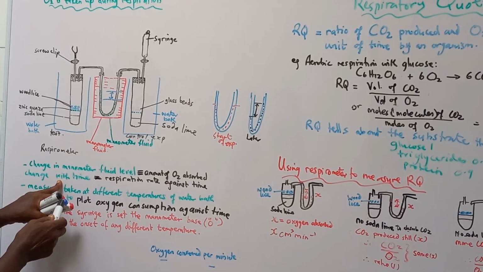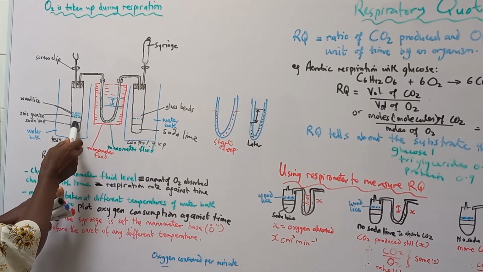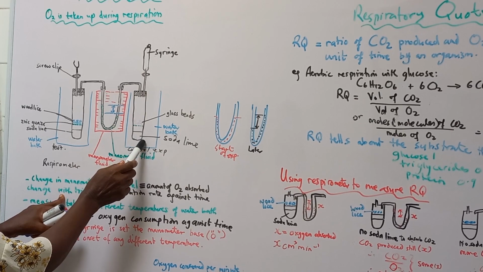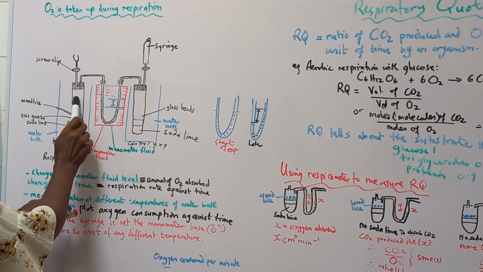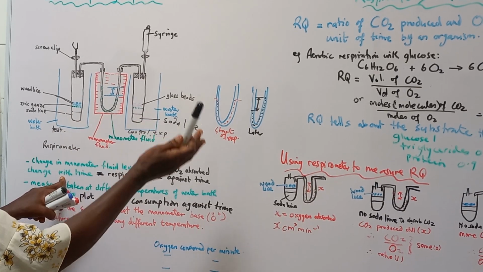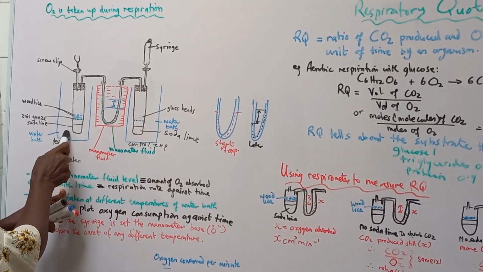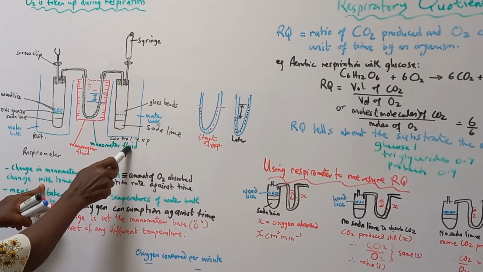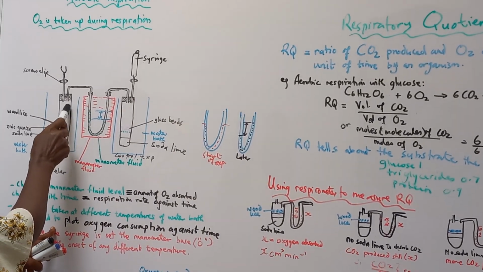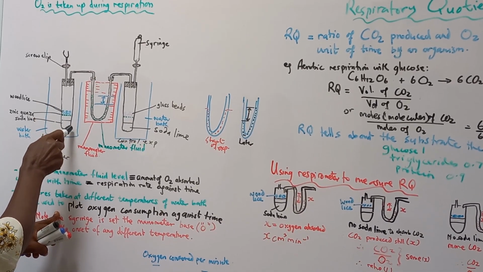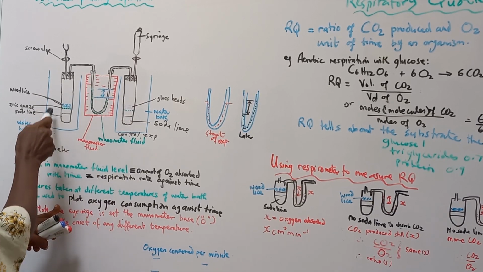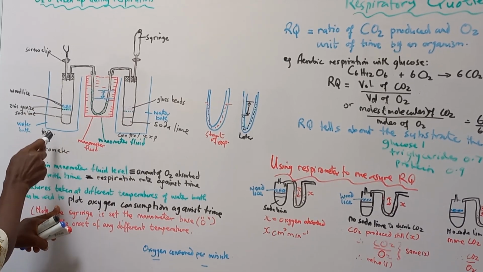Now, notice that in the experiment, these containers are in a water bath to keep the temperatures the same and also to prevent fluctuations due to external environment changes. But the same setup can be used to measure the amount of oxygen absorbed at different temperatures if the temperatures in the water bath are changed and the temperatures are noted.